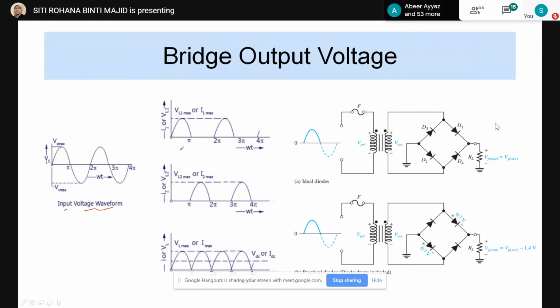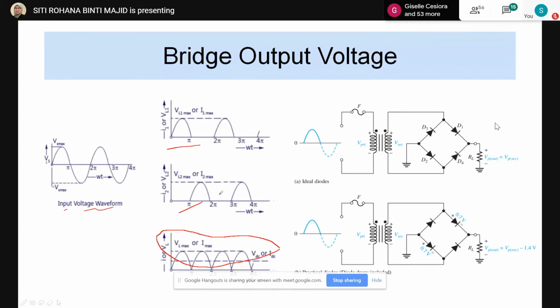This diagram is the output voltage for the first half cycle, and this one is the output voltage for the second half cycle, because both diagrams are meant for the full wave bridge rectifier. When we combine these two diagrams, finally we will have the full output waveform for the full wave bridge rectifier.